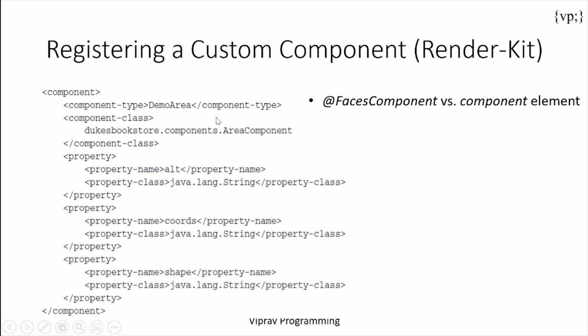And in this case, we have our component type, the name under which the component is registered. It is used to refer to this component again. The component class, which specifies the fully qualified name of the custom component, and the property, which specifies the component properties and their types.